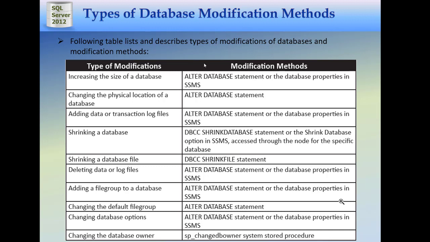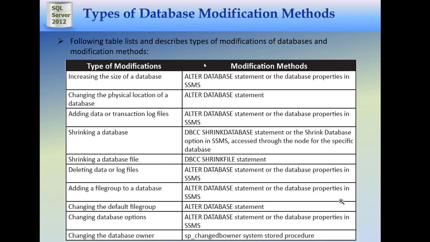You want to reduce the size of the database, that is to shrink it. You type in the dbcc shrink database statement or use the shrink database option in SSMS, accessed through the node of the specific database. Shrinking a database file, dbcc shrink file statement. Deleting data or log files, alter database statement or the database properties in SSMS.